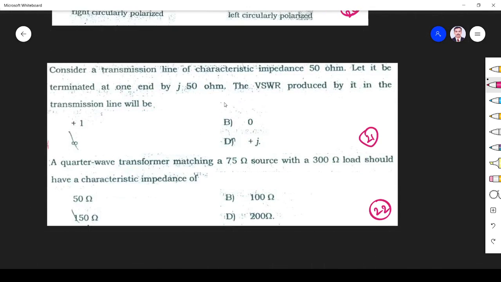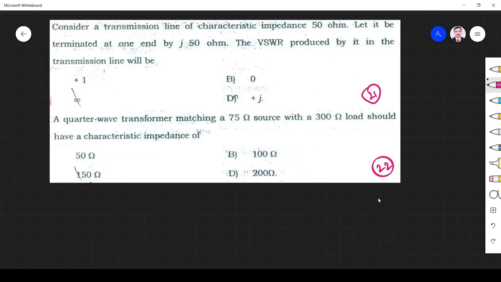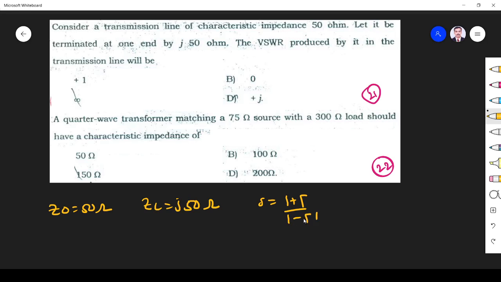Next one, consider a transmission line which has characteristic impedance of 50 ohm, right? So Z0 is equal to 50 ohm, terminated by the end as j50 ohm. What is the VSWR? If I want to find VSWR, what I have to do? I have to first find gamma value, then only I can find the VSWR. Because VSWR is S is equal to 1 plus mod gamma divided by 1 minus mod gamma.